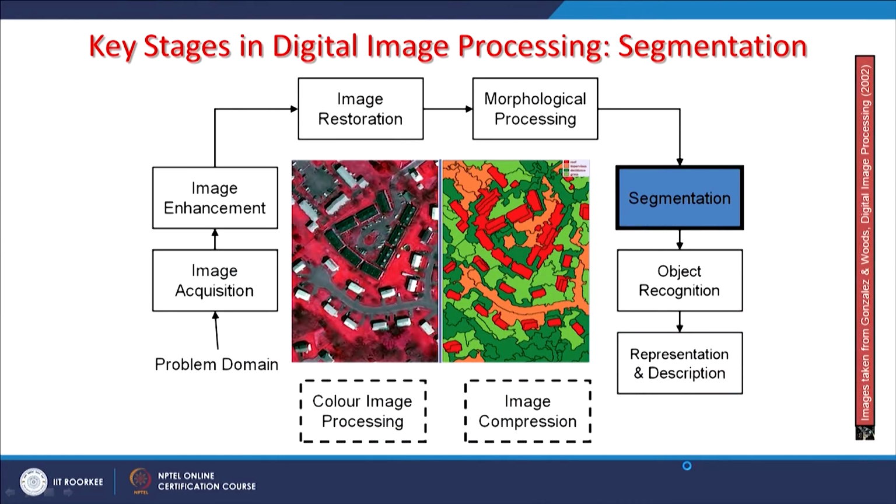Then segmentation is done, basically moving towards the classification of the image. This is a very high resolution false color composite on the left side, and then you go for classification. Different buildings have been identified as one category, as you can see here, green areas as another category, and open areas as another.